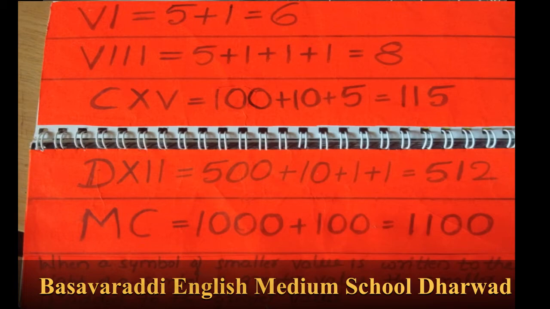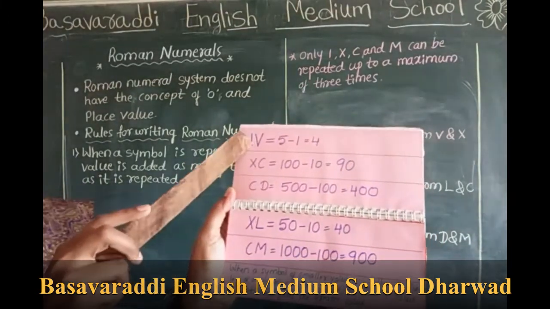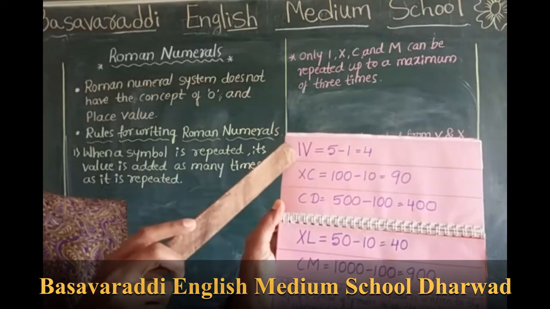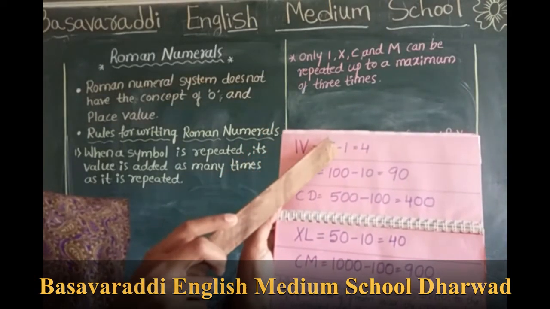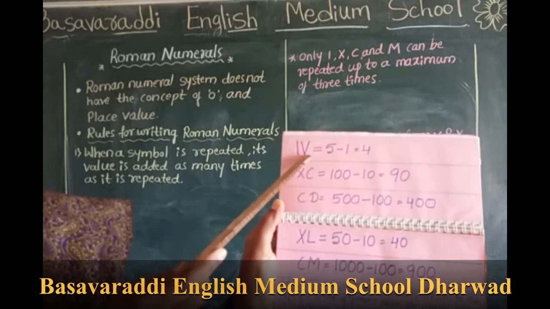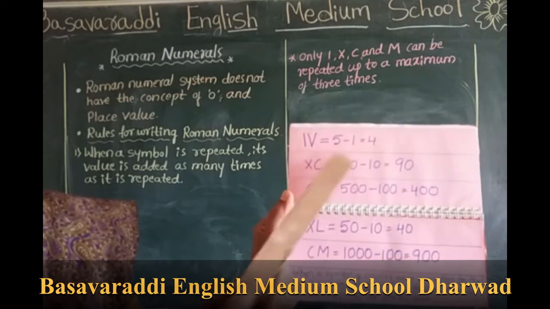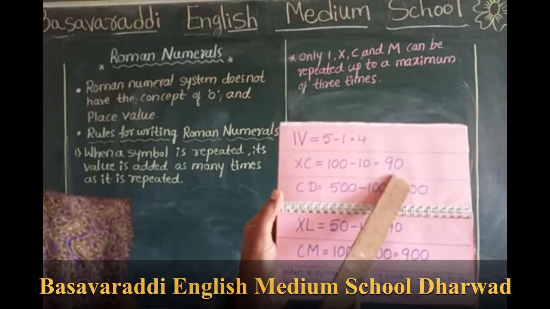Okay. Let's go to the third rule. When a symbol of smaller value is written to the left side of the symbol of greater value, the smaller value is subtracted from the greater value. So I V: 5 minus 1 is equal to 4. X C: 100 minus 10 is equal to 90.